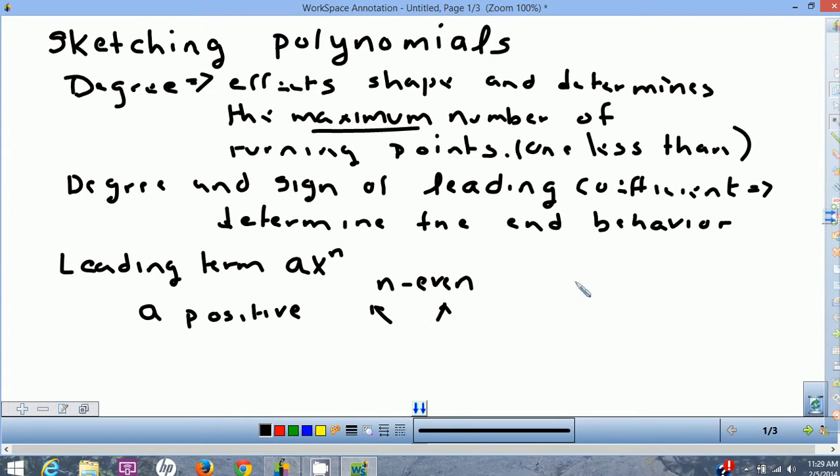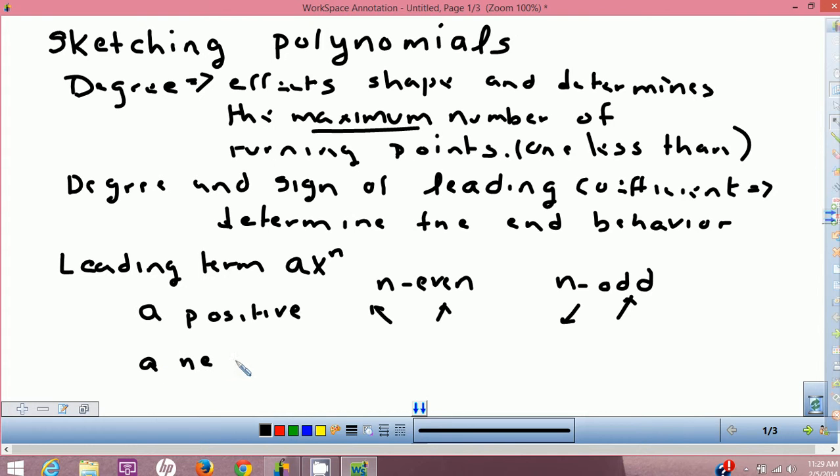If the power is odd, my degree of my function is odd, and this a is positive, it's going to go up to the right. It's going to go up and up and up and head toward infinity. But on the left, it's going to go down toward negative infinity. If the a is negative, well, think about what we know about reflecting things across the x-axis. If I have negative 4x squared, what happens on the ends?